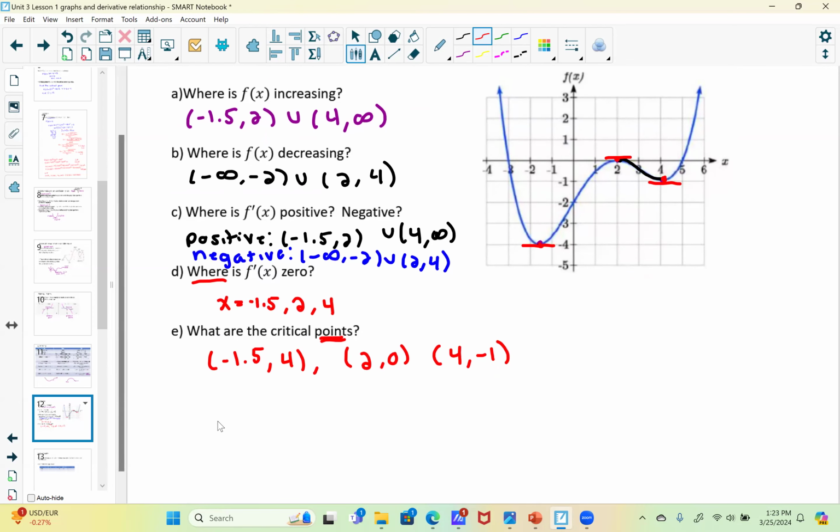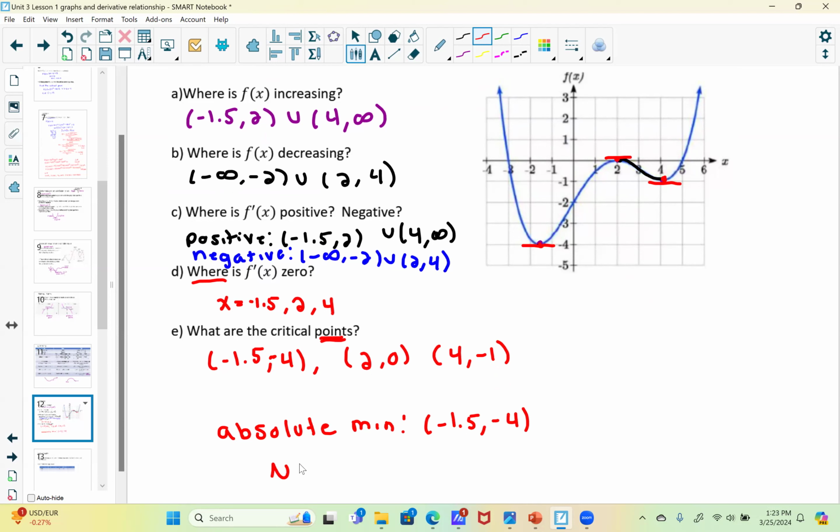And just if they asked about absolute max or absolute mins, for this, there would be an absolute min at, this is the lowest y value. Oops, sorry, this should be negative 4. This is the lowest y value at negative 4. So the absolute min would be negative 1.5, negative 4.